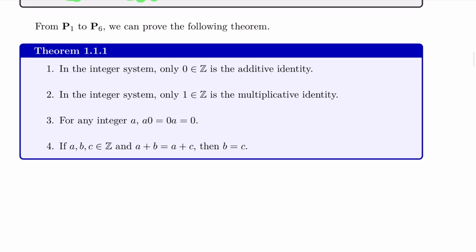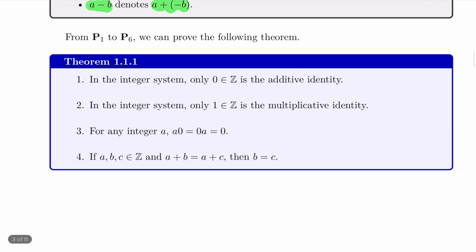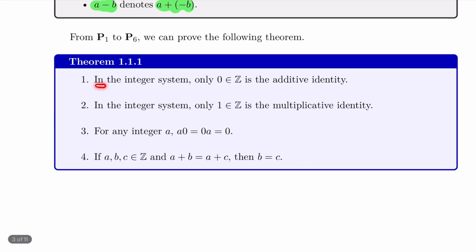the following theorem. So the first one, in the integer system, only 0 is the additive identity. Number 2, in the integer system, only 1 is the multiplicative identity.